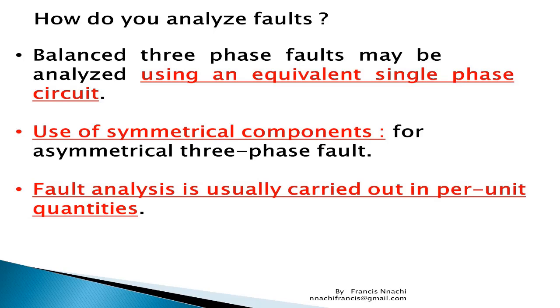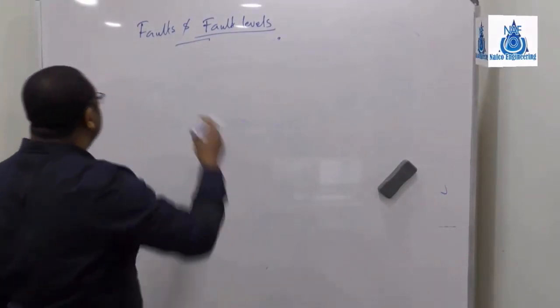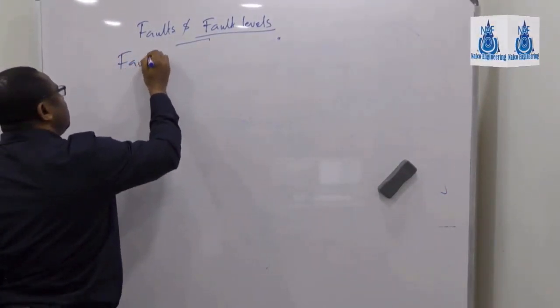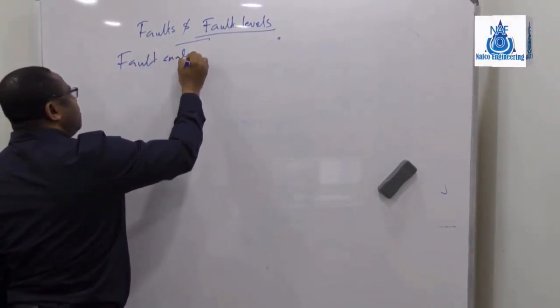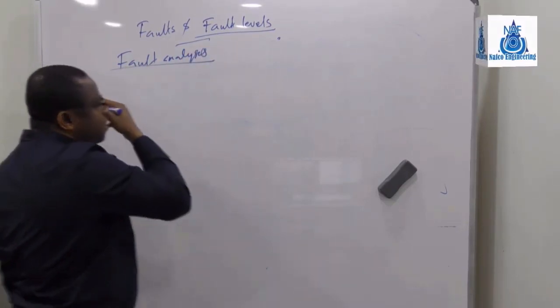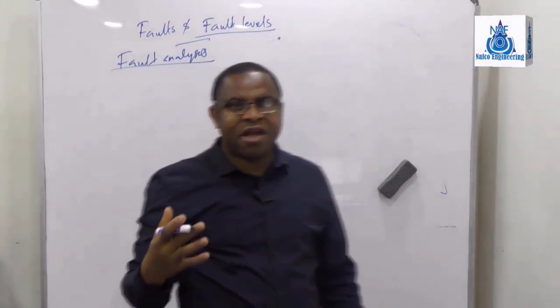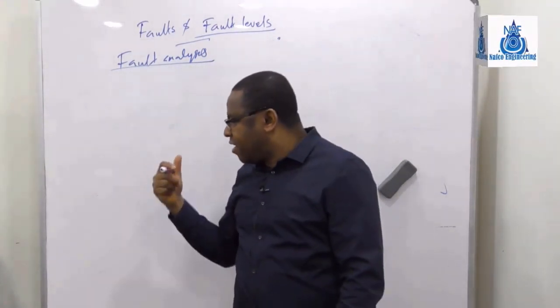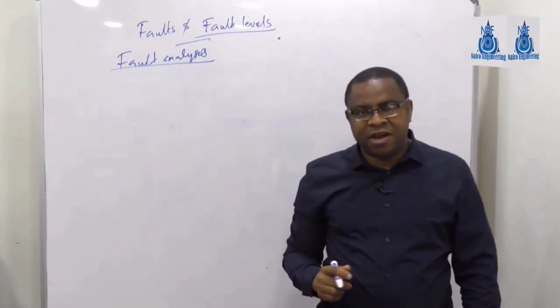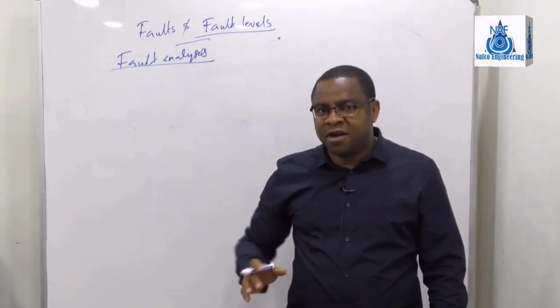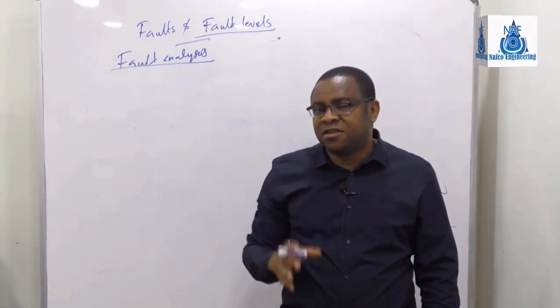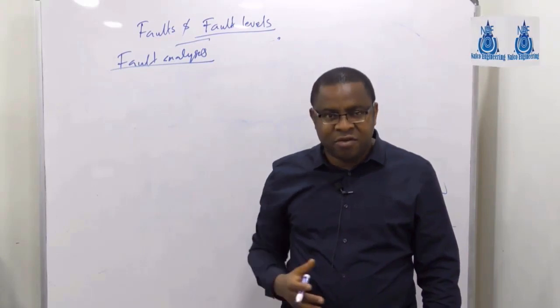Faults in power systems. We have already seen that the essence of analyzing faults is to make sure that our circuit breakers are properly sized, our protection relays are set correctly, and also for the stability of our system operation.